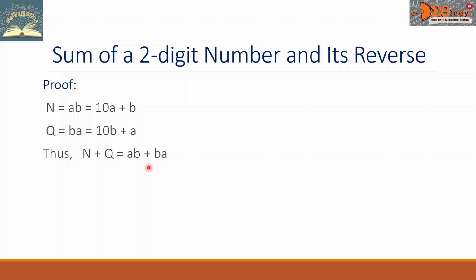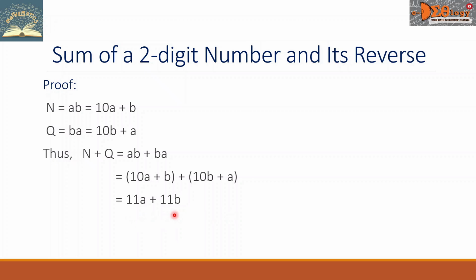Now let us show the general forms of these numbers respectively. The AB is 10A plus B plus the BA, that is 10B plus A. When we remove the grouping symbols and combine like terms, 10A plus A is 11A, plus B plus 10B, that will be 11B.